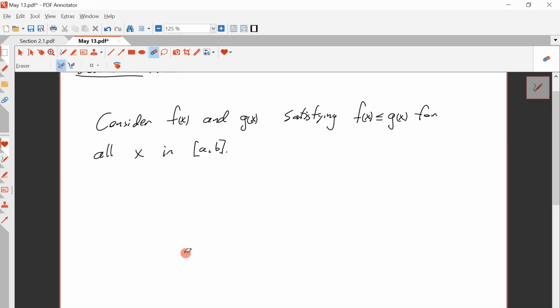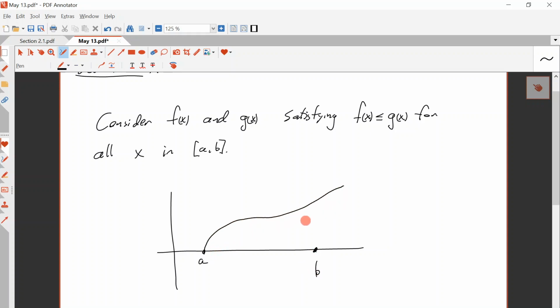So what you have is a picture like this. So here's a and here's b, and then the function g of x is greater than that of f of x on that interval.